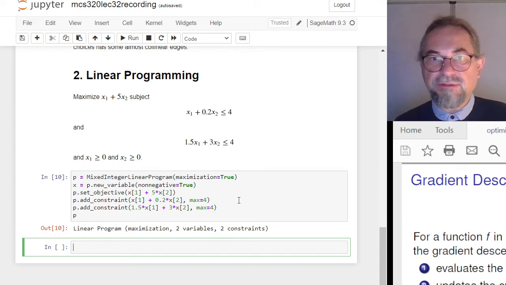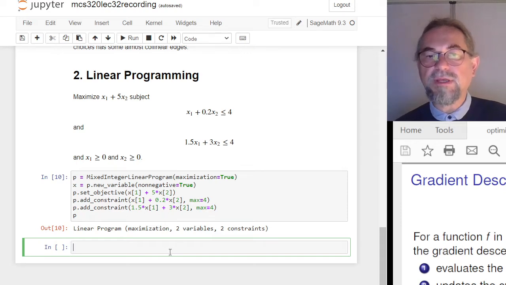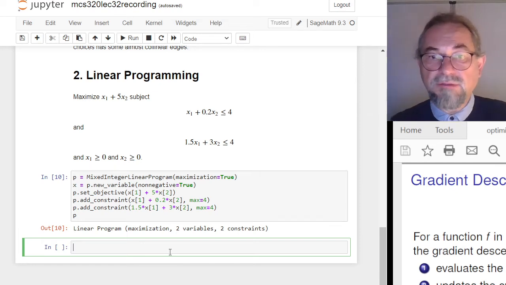Then we have an objective function, what we maximize, and then we can add the constraints one after the other. So in the standard formulation, we have all the inequalities set up as maxima, but there is the flexibility to also have the minima here. Okay, how this is done is another course.